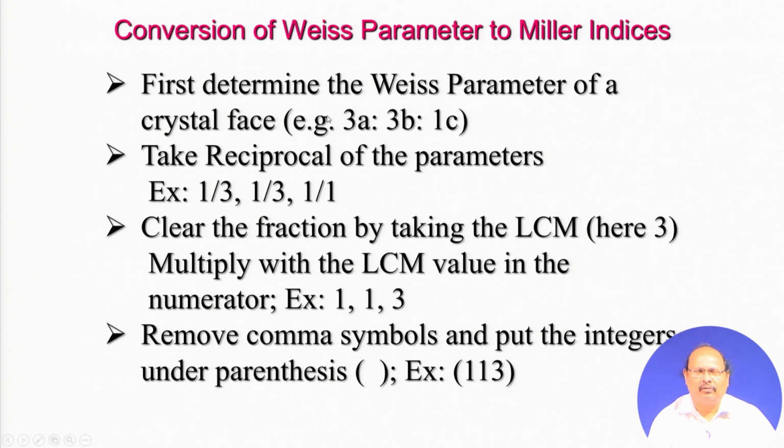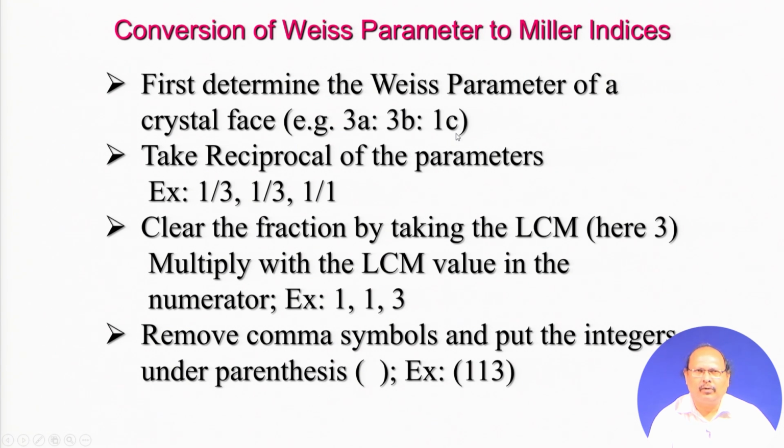Say this is the Weiss parameter symbol, written in this way: along the a axis the whole number is written, this is 3a colon, then along the b axis 3b colon, and then you write 1c.